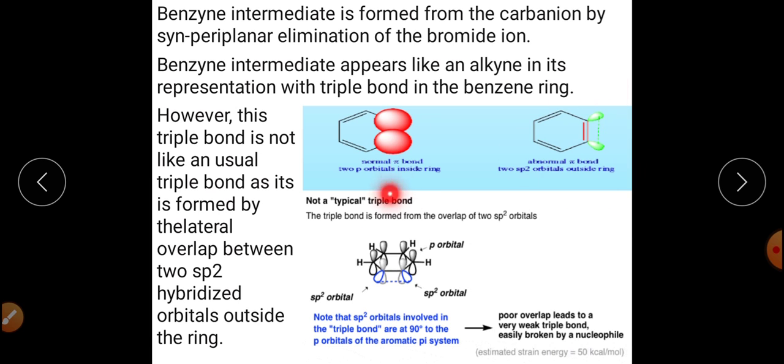So this is the normal pi bond and this is the abnormal pi bond. Two sp2 hybridized orbitals which are outside the ring overlap with one another and give rise to this unstable intermediate, which is called the benzyne.